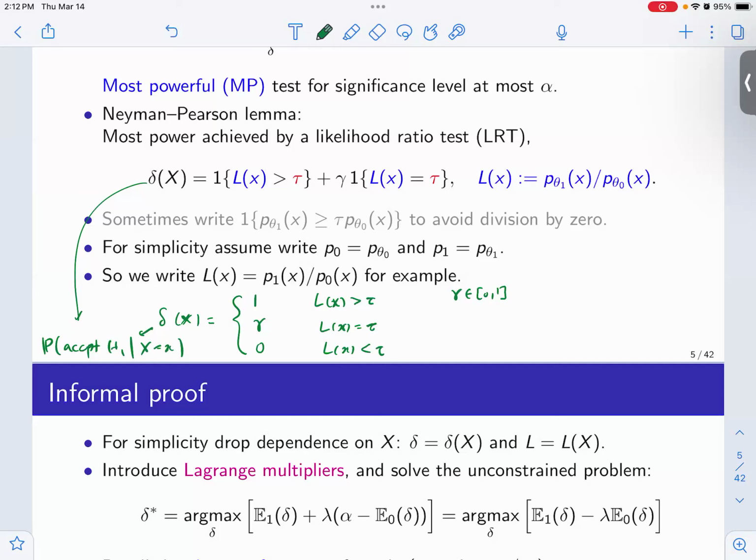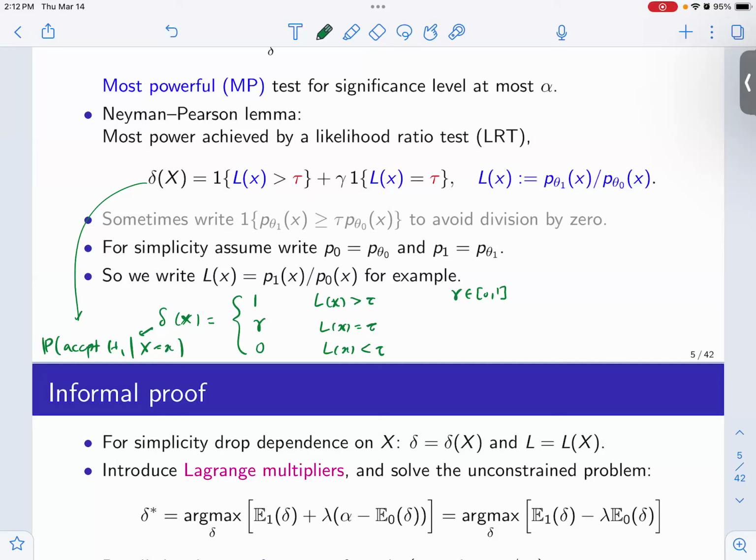So that's what Neyman-Pearson tells you. So the likelihood ratio comes up again as an important statistical quantity.